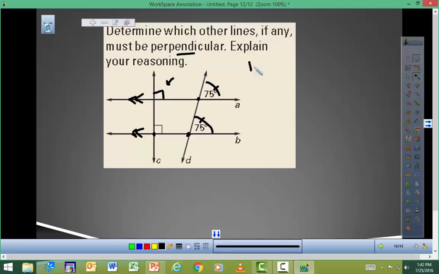So we're going to say line A is perpendicular to line C. Explain your reasoning.